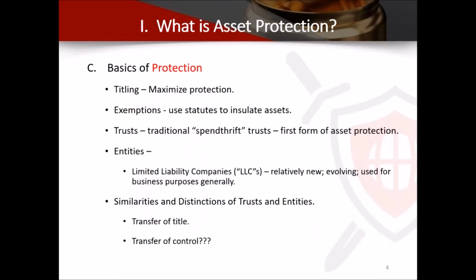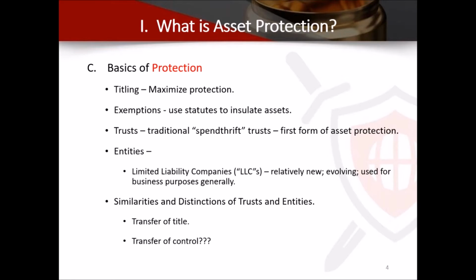The basics of asset protection come in these four or five areas. Titling, for instance. I know we're talking to a lot of New York CPAs today. In Florida, we have tenancy by the entirety.